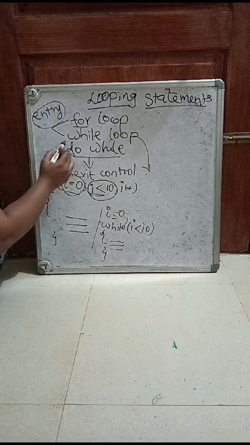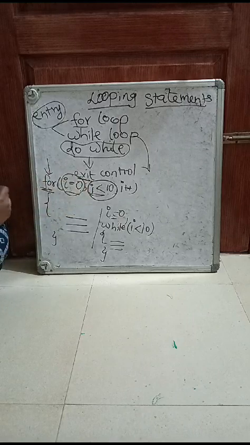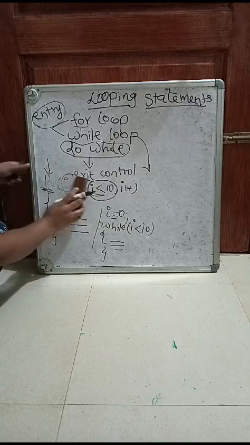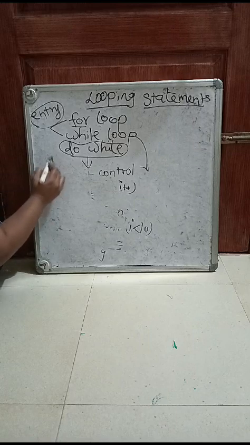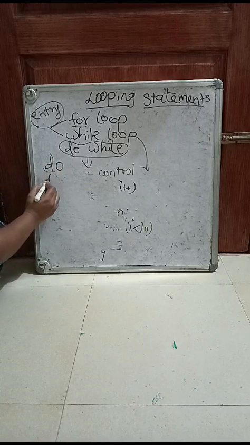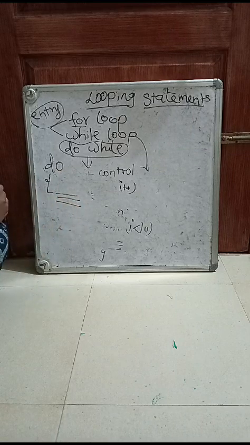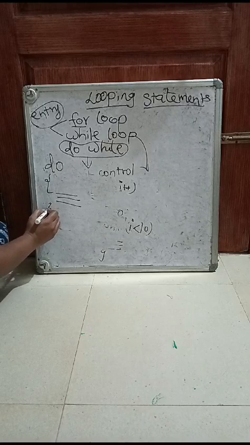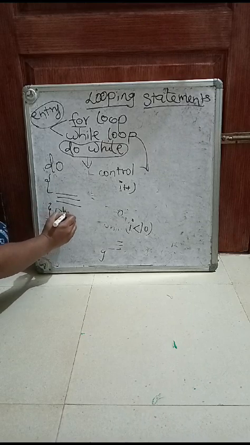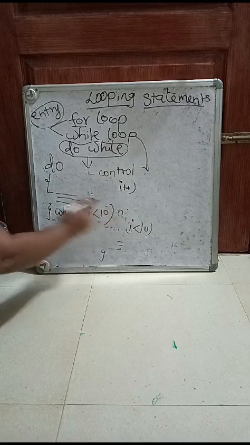Then why do we say do while is exit control? Let us see what we do for do while. First I write the do statement. Inside the do, I execute certain statements. After that, I check the condition at the exit level as while i less than 10.